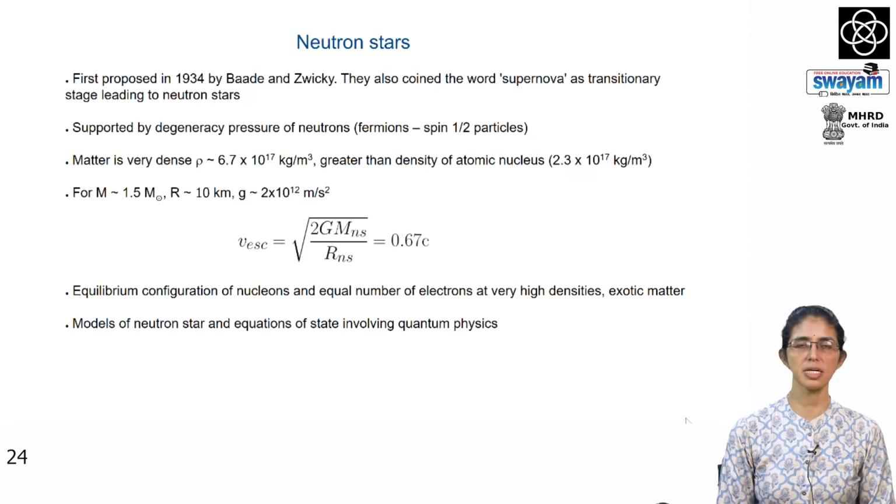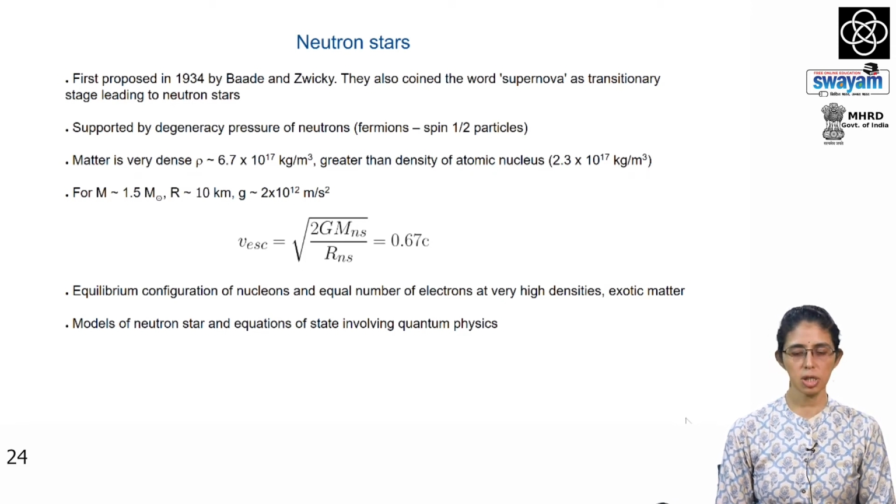Now, what is the structure of these kinds of neutron stars? One needs to understand the equilibrium configuration of the nucleons that are present, as well as electrons and some iron nuclei that are present. There are a lot of models to help us understand the structure of these neutron stars, because the nature of matter at such high densities is not known to us.